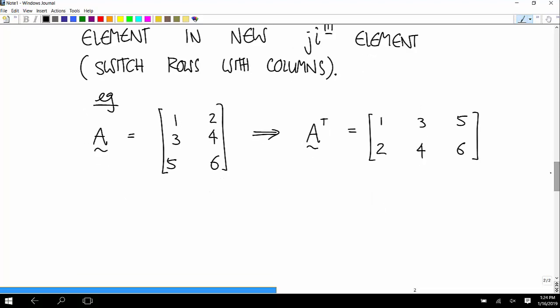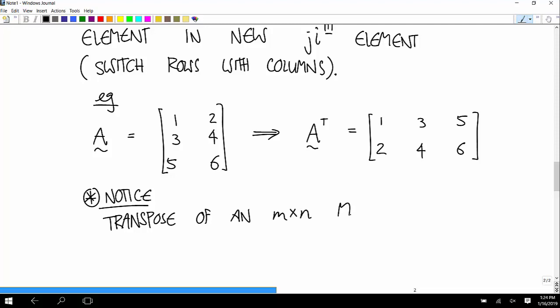I think all TI calculators have a built-in function for this. Before I go into that, notice the transpose of an M by N matrix is an N by M matrix.